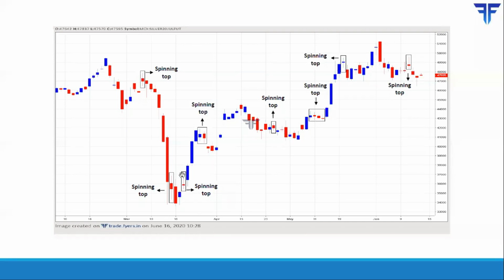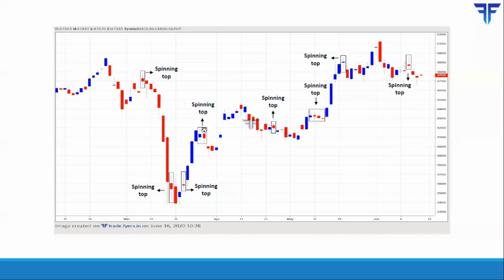Also, if you can see, there is a small spinning top that appeared over here also. So in the vicinity of 4 to 5 candles, you have two spinning tops that appeared after a downtrend. And on the fifth day, which is this one, you have a break above the high of the 4 day consolidation. So that signaled that this downtrend has probably ended, and going forward we could see a rally in the price of silver.